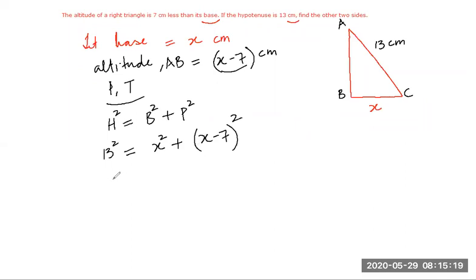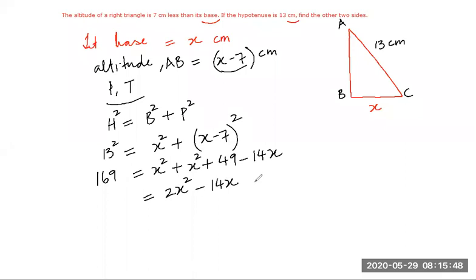Can I ask Sargun to complete it? Yes, sir. It will be 169 is equal to x square plus x square plus 49 minus 14x. So this is equal to 2x square minus 14x plus 49 minus 169.